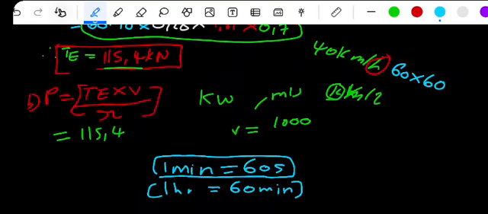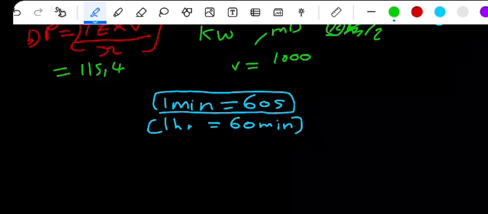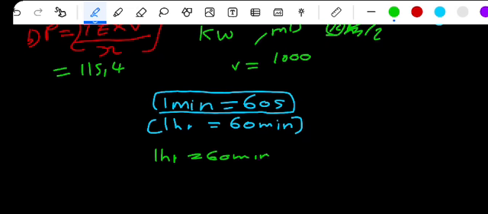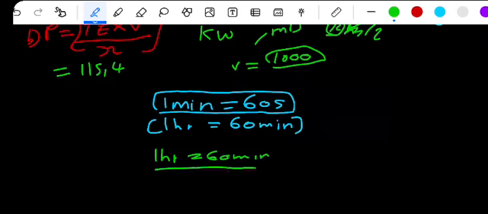Since in 1 hour we have 60 minutes, and we've been given 40, we've already converted kilo. We want to go to seconds, right?